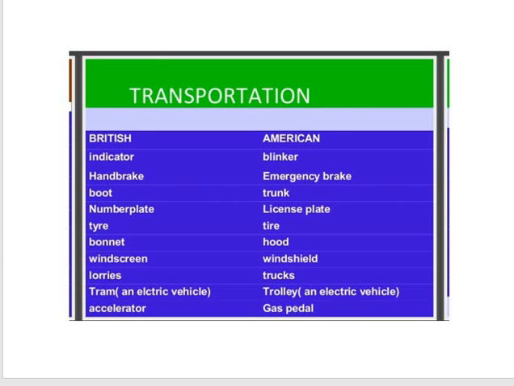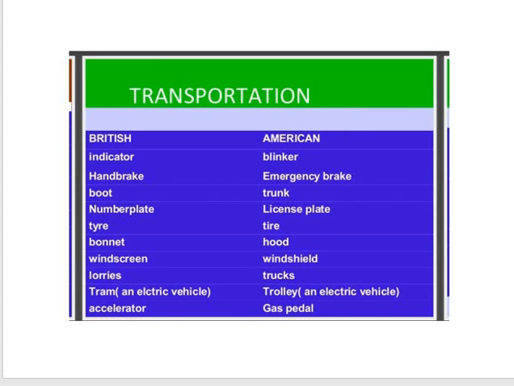Transportation, British, American. Indicator in comparison to blinker, handbrake, emergency brake, boot, trunk, and number plate, license plate. Tyre, tire, there's a difference in spellings. Bonnet, hood. Windscreen, windshield. Lorries, trucks. Tram, an electric vehicle, trolley, an electric vehicle.